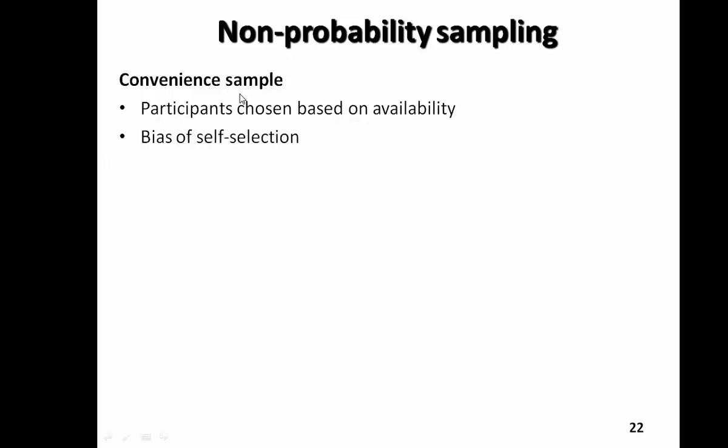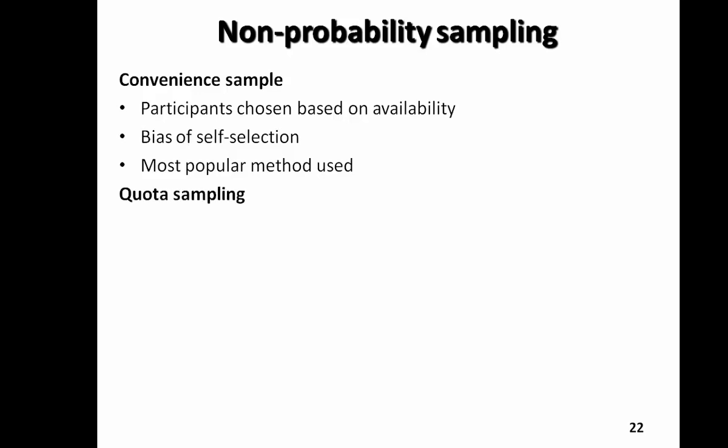The problem with convenience sample that researchers should always keep in mind is the bias of self-selection. So individuals that participate in research studies often have an interest in participating in research studies, and that may affect the outcome measurement that is obtained, and researchers should be aware of that. It is a very popular method that is used in order to obtain volunteers for research studies.